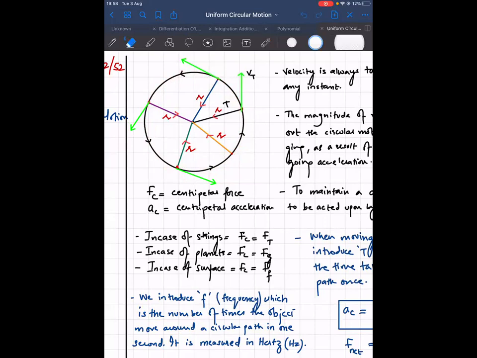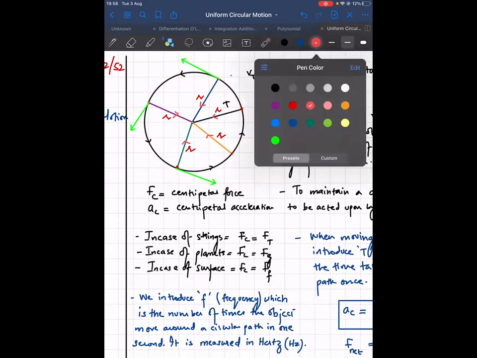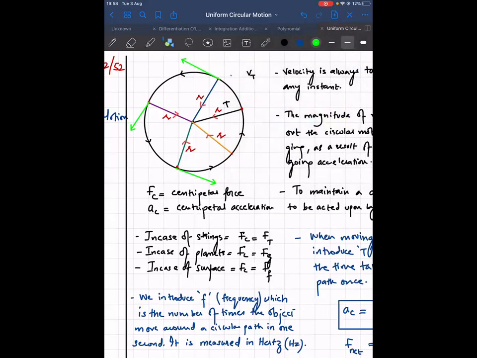Of course that doesn't look like a tangent, but let me correct it. So मैं correct कर देता हूँ. It's going to be like that. Is it clear, Ariba, or not? Clear, yes, sir.